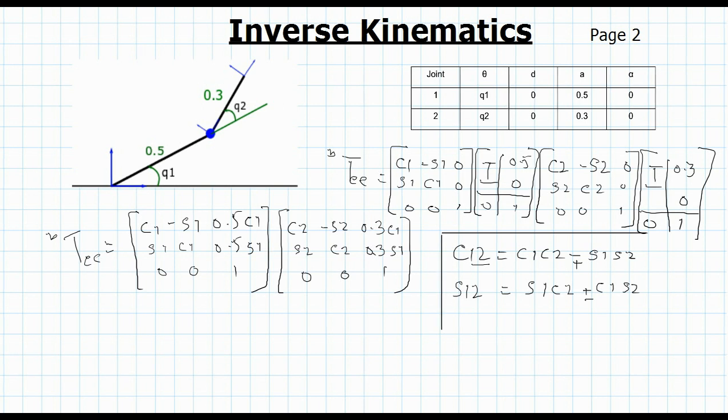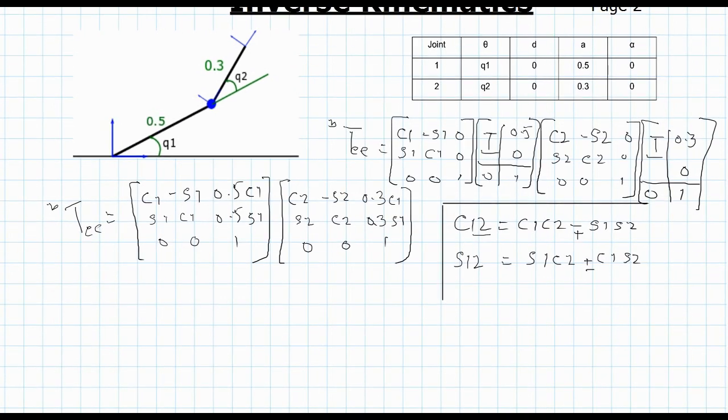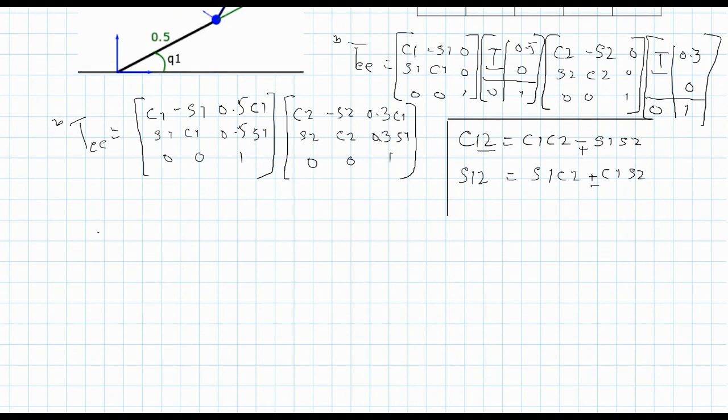Okay, so this is our forward kinematics, the transform from the base to the end effector. The final form we can write here: the transform from the base to the end effector is equal to, multiplying the above mentioned two equations, we get C12, minus S12, 0.5 C1 plus 0.3 C12.